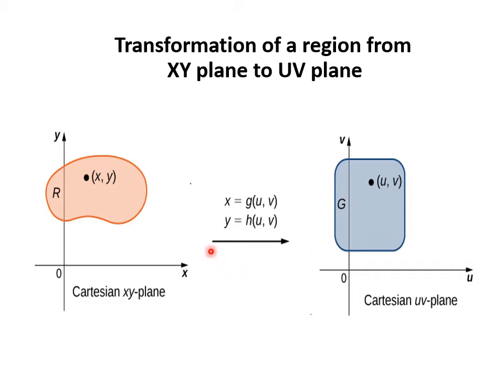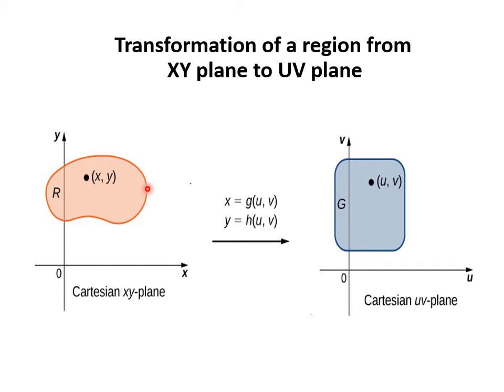Now we are going to see how the elementary area in the current domain and the new domain get altered because of this transformation. Due to the transformation, there may be a scaling, that is, either a stretching or a contraction.